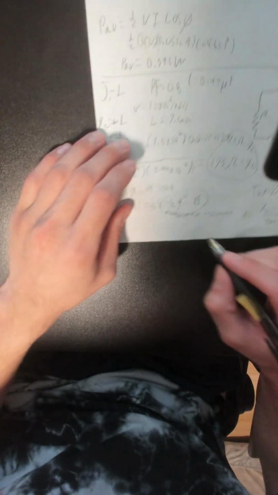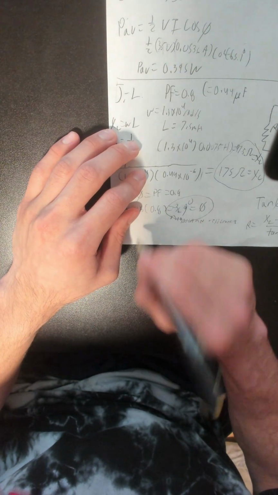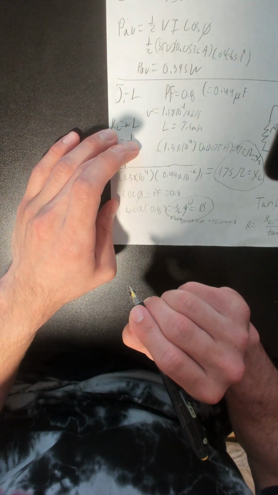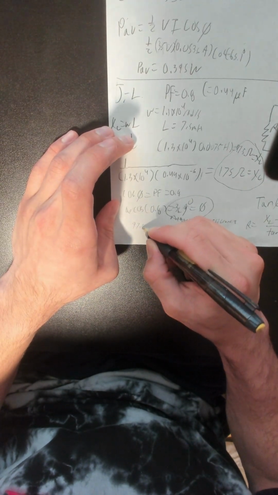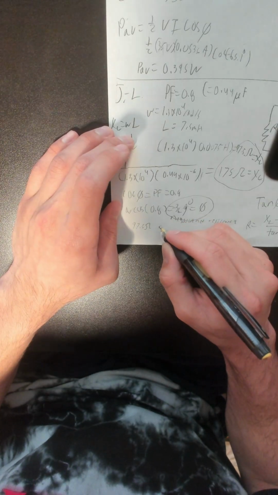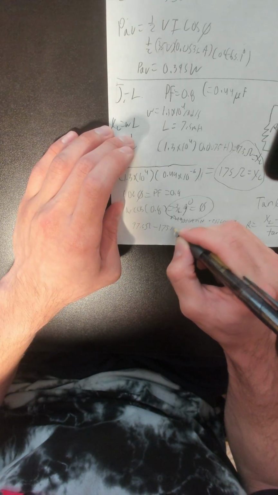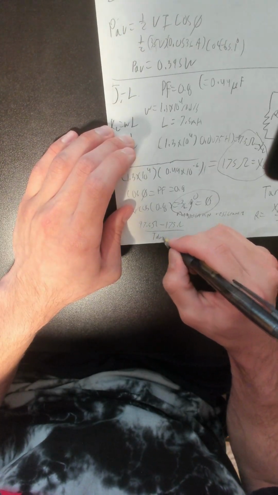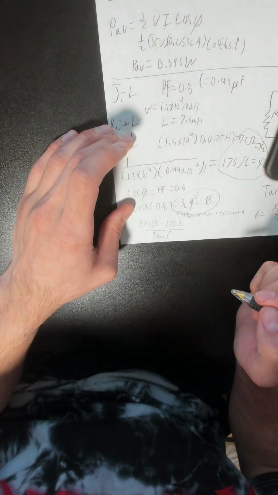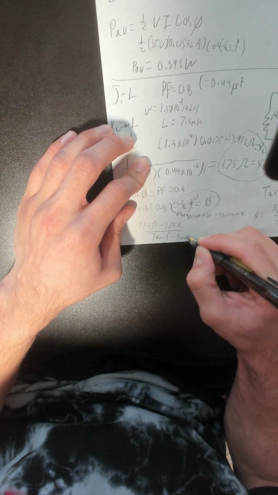So we just plug it all in: 97.5 ohms minus 175 ohms over tan of negative 36.9 degrees.